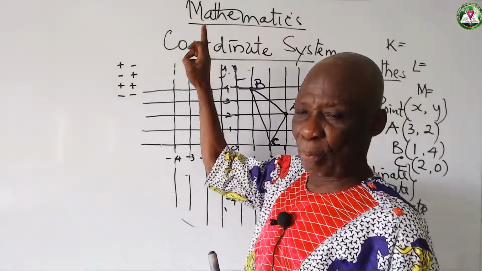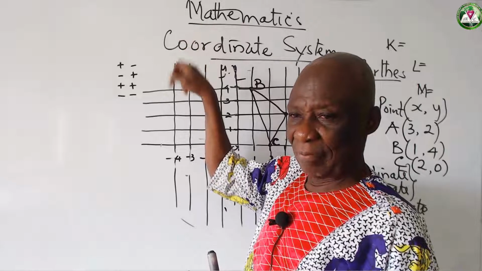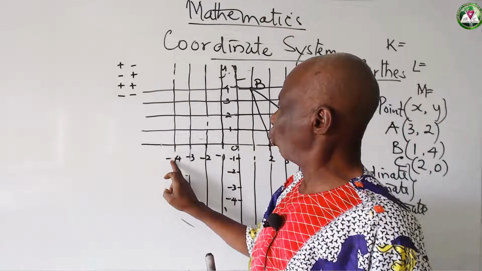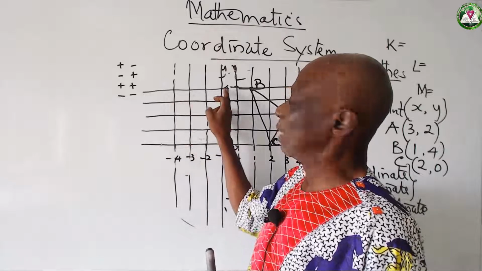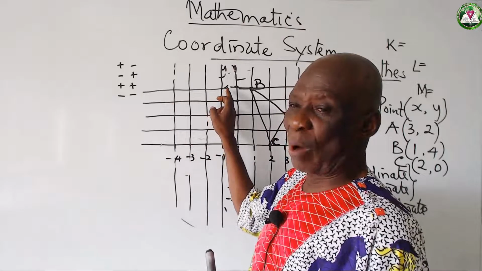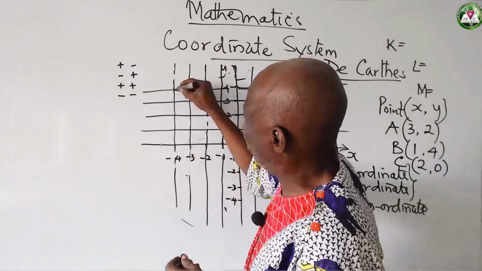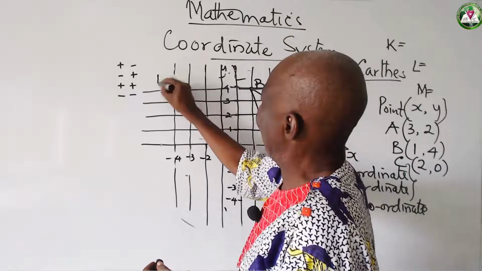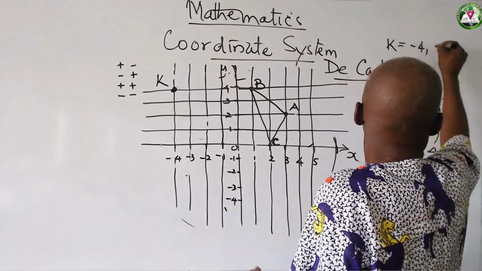Positive upwards for the y-axis, negative downwards. So I'm now following -4 to go up. And I'm following with my eyes along the y-axis, the place where y is equal to 4. And the two of them are meeting at this point that I'm marking there now. This becomes the first point, K. And what is K? -4, 4.